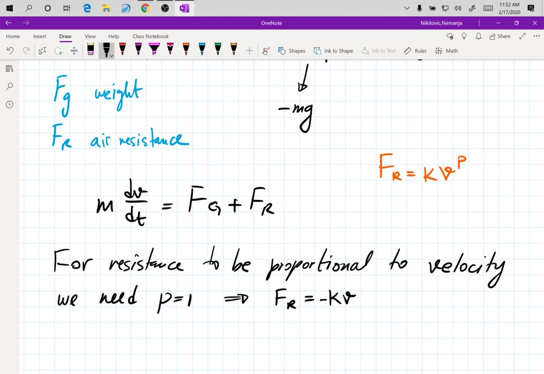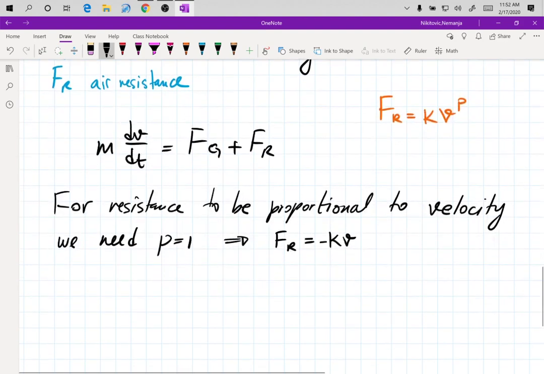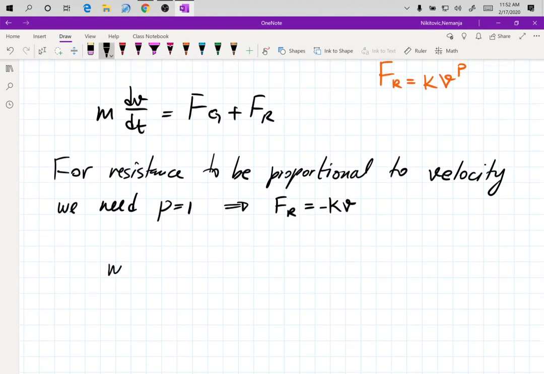Your friction force should be negative, your resistance should be negative, your gravity should be a negative term in physics, because we do care about which way they're oriented. So now we have m dV/dt equal to negative mg minus kV. And that will be our equation, so that we can solve this using just a basic separation of variables.